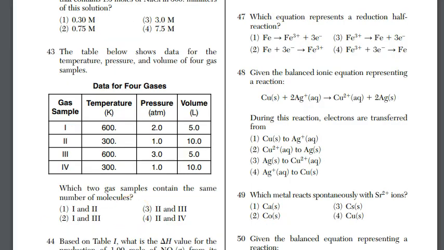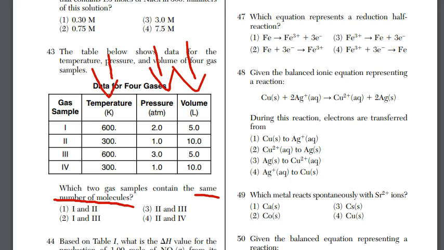Okay, so in 43, we have 4 gas samples, and we have temperatures, pressures, and volumes, and we're asked which of the 2 gas samples contains the same number of molecules. They're going to contain the same number of molecules if they're at the same pressure, volume, and temperature.